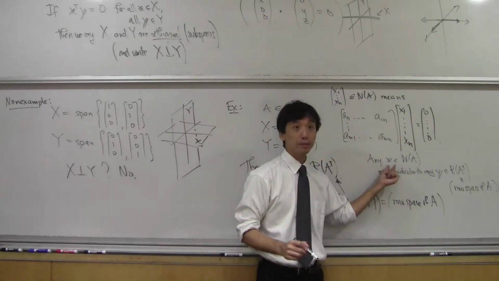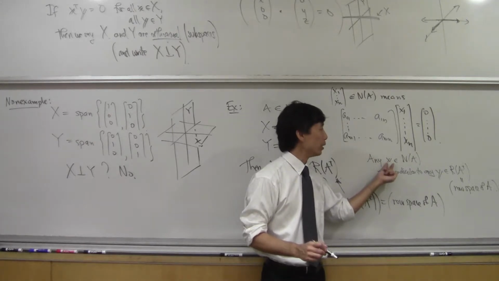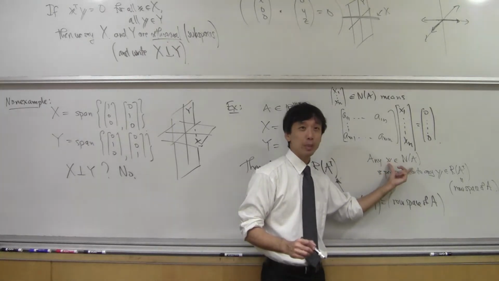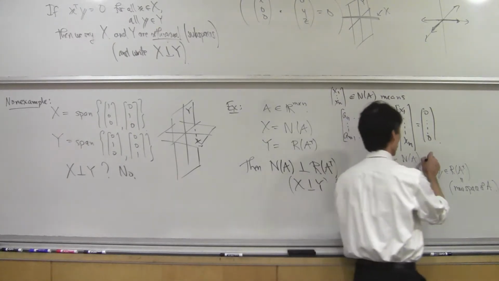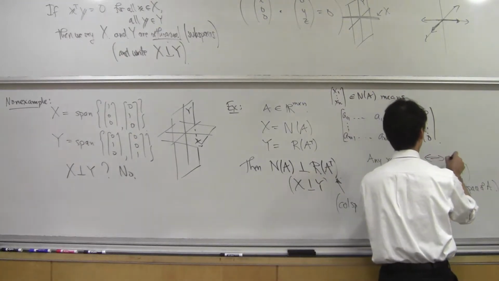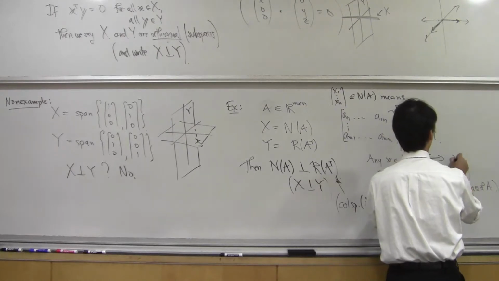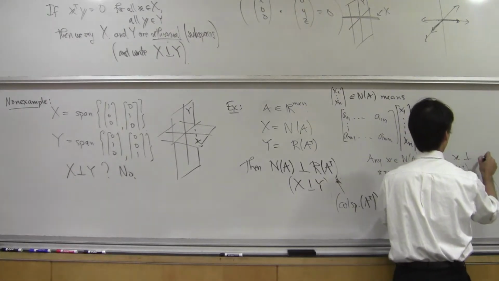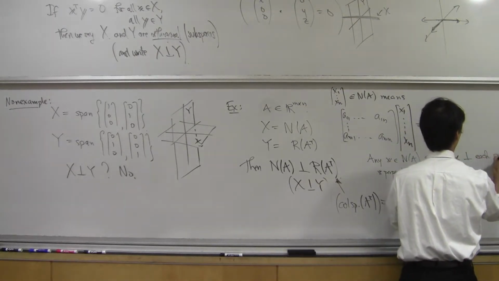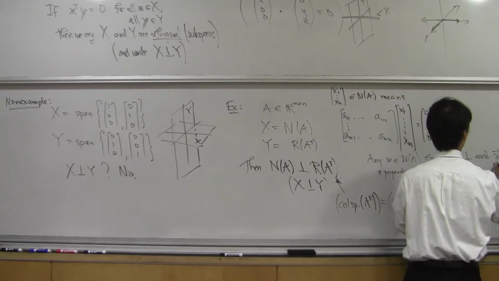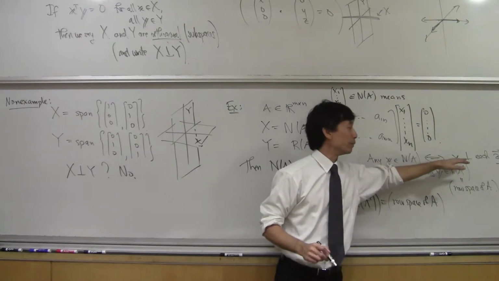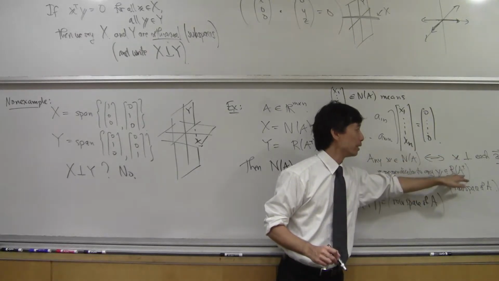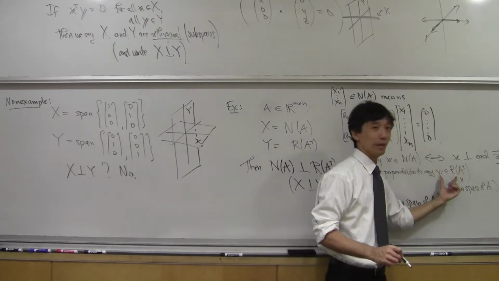I'll say it again: being in the null space means that you're perpendicular to all the rows. Anybody in the null space of A is perpendicular to each a sub i, to each of the rows of A. But if you're perpendicular to everybody in the rows of A, then you're certainly perpendicular to everybody in the row space.